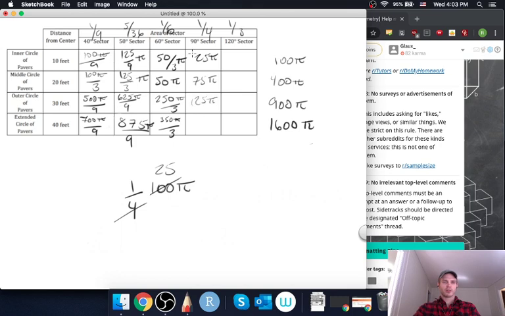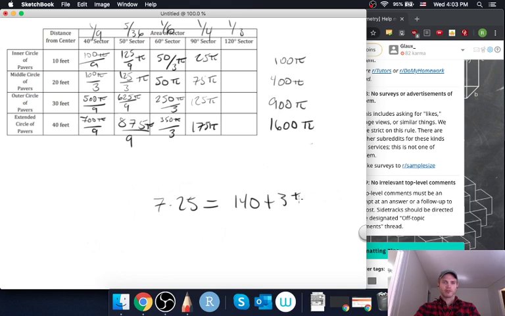And then 7 times is 140 plus 35 is 175 pi. So let me check that one. 7 times 25 equals 140 plus 35. Yeah. And then let's find this one here.